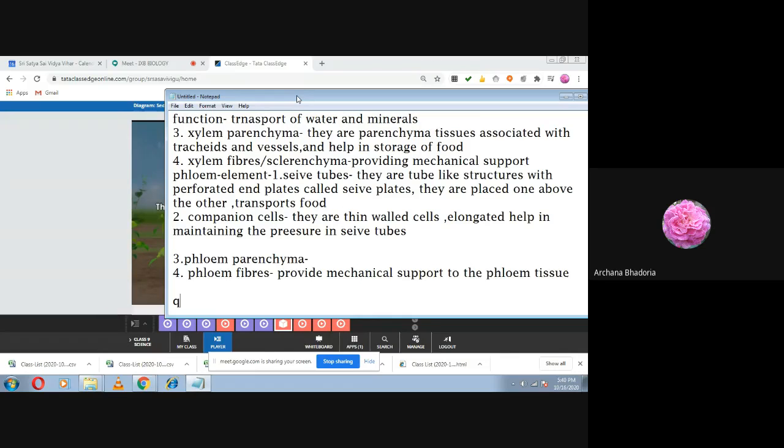Question number 1: What do you mean by complex permanent tissue?